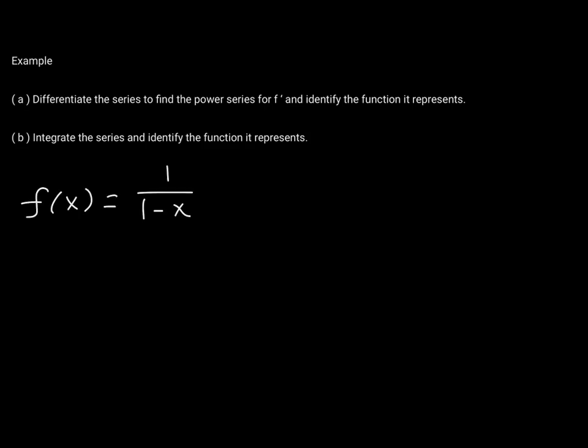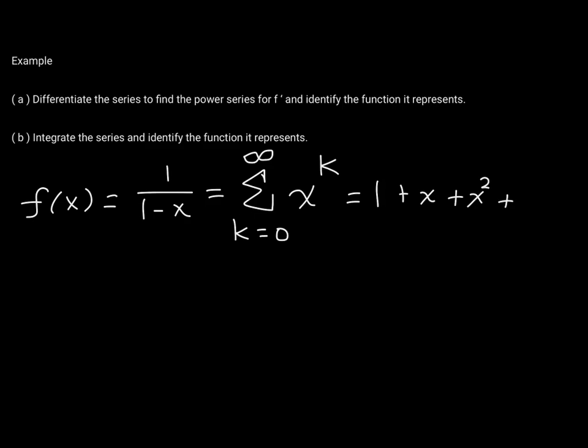This rational function, we've already seen, and we have it in our notes, that it is this geometric power series, x to the power of k, which is 1 plus x plus x squared plus x cubed plus x to the fourth. And this series represents this function over this interval of convergence. So we already know that.